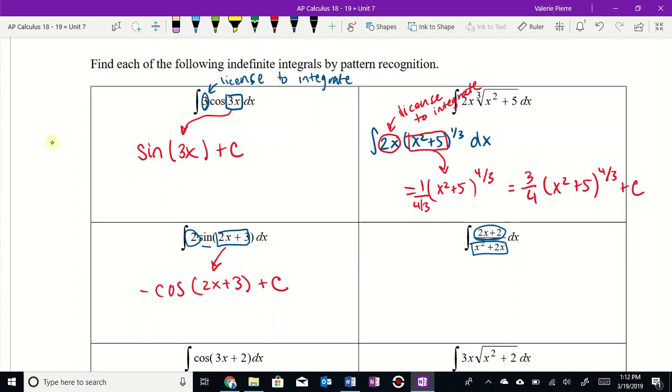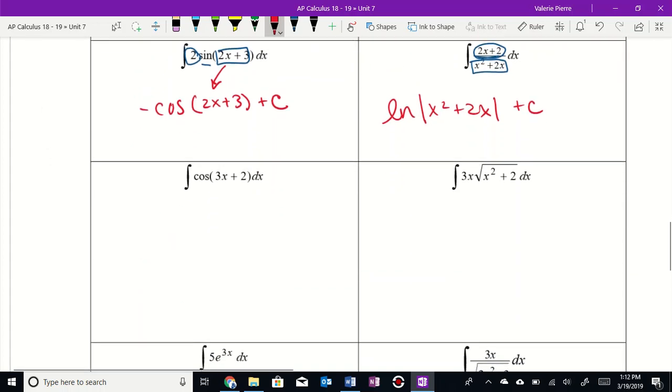So we have ln of our bottom function, which is x squared plus 2x plus c. ln is the only function where the numerator is the derivative of the denominator. Okay.